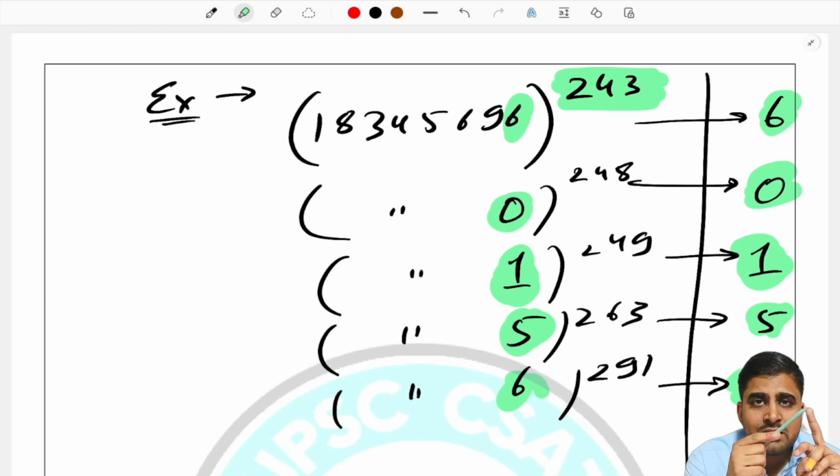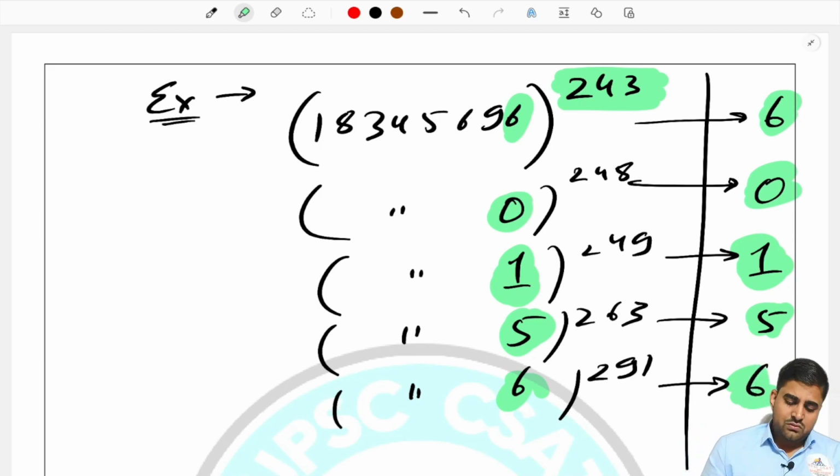Now take 3. 3's power 1 is 3, 3's power 2 is 9, 3's power 3 is 27. It's changing. In case of 4, 4's power 1 is 4, 4's power 2 is 16. It's changing. When we take 5, it's not changing. When we take 6, it's not changing. When we take 7, it's changing. So we have written only those digits which are not changing.